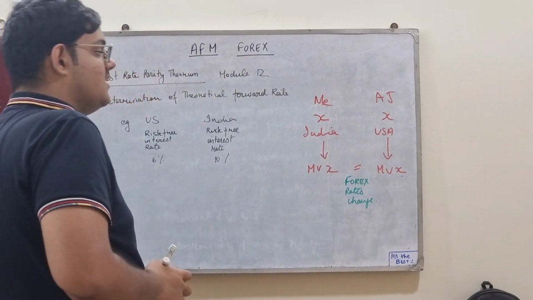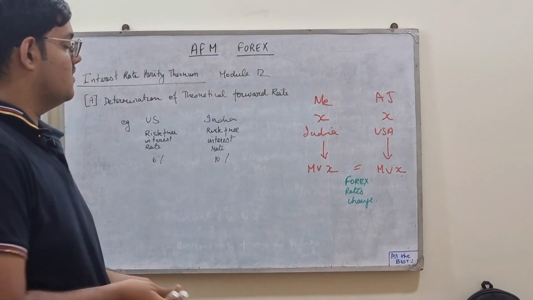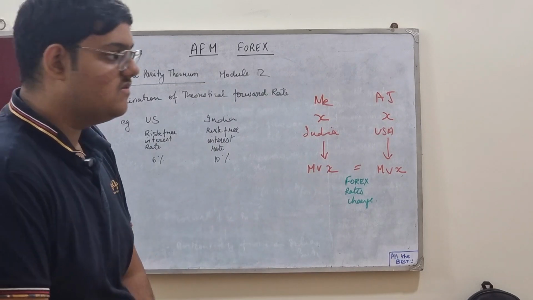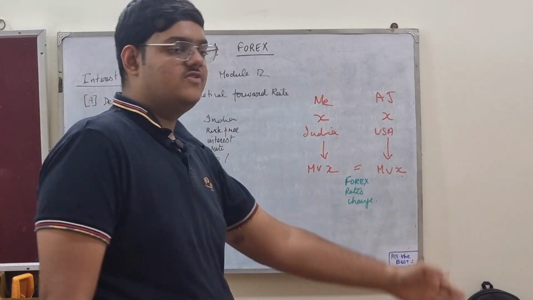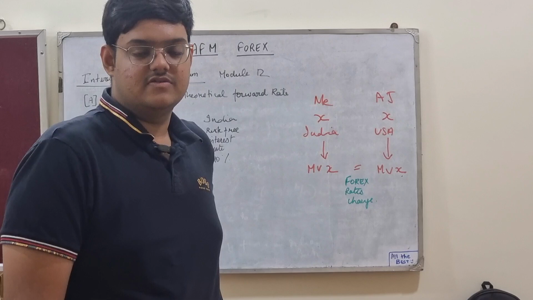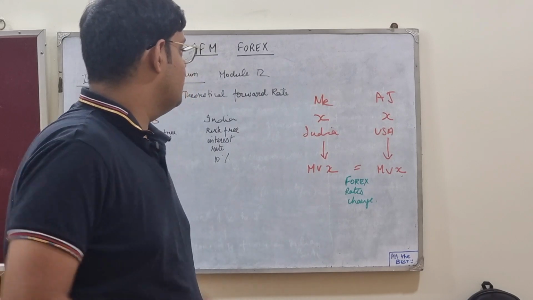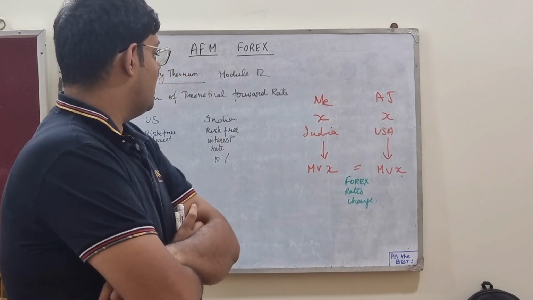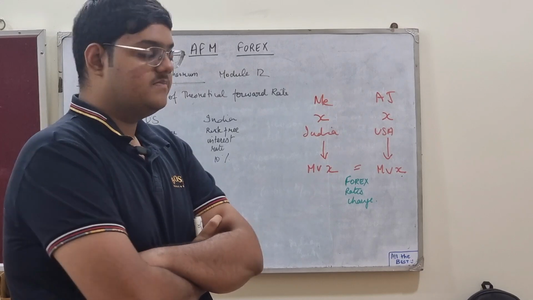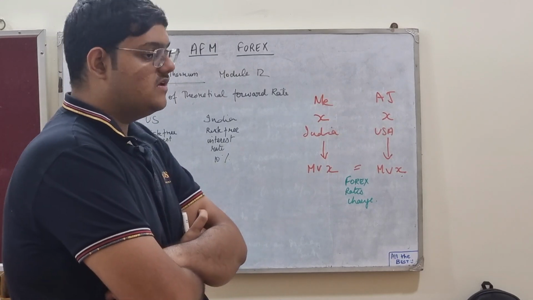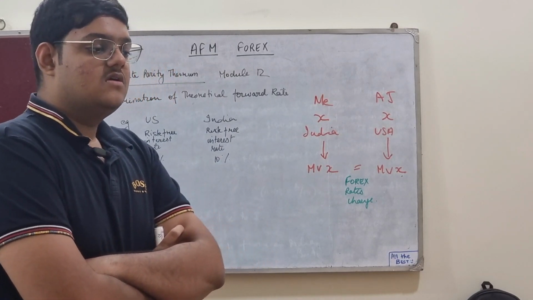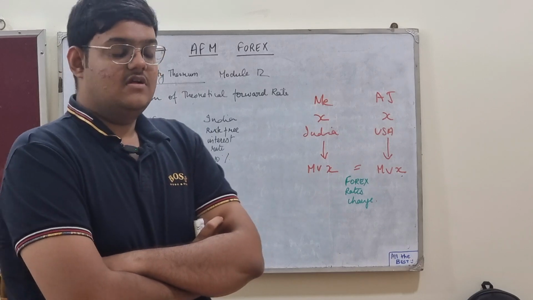For example, in India, the forex rate is 1 rupee is equal to $50. In India the rate of interest is 10%, and in the US the rate of interest is also 10%.